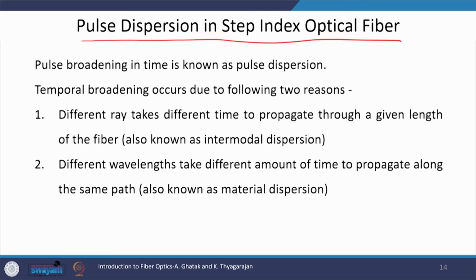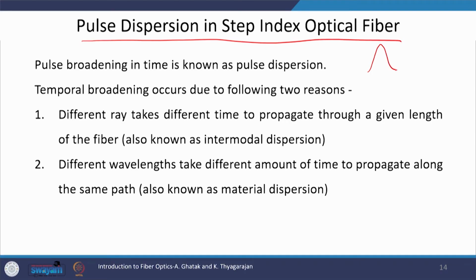This is called dispersion. Now, whenever we communicate, all the information is sent in the form of optical pulses within the fiber, and they are represented by this. This is the optical pulse. Here on the x axis we plot time, while on the vertical axis we plot intensity.